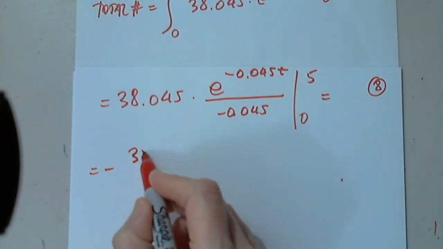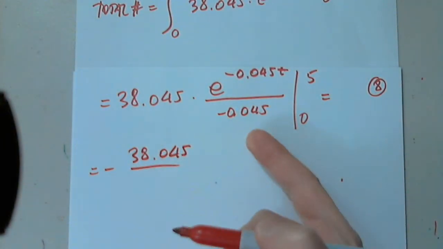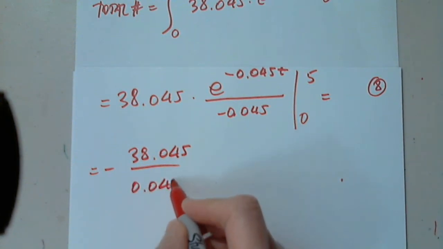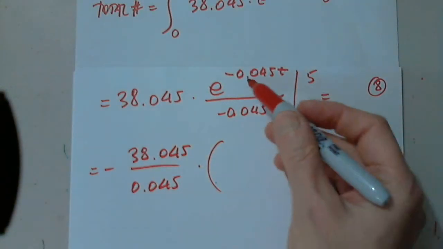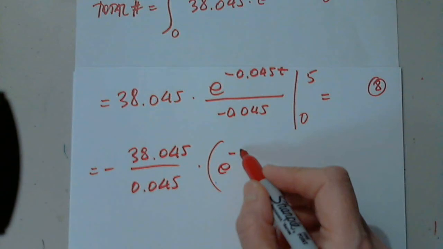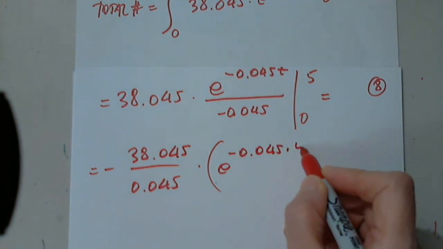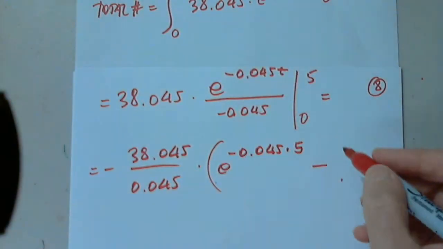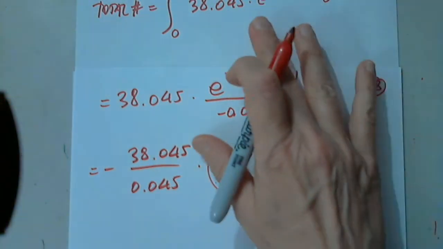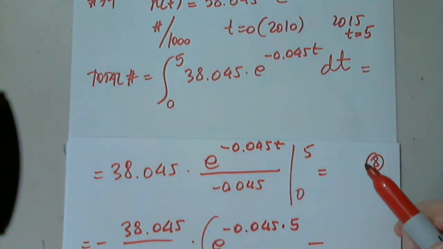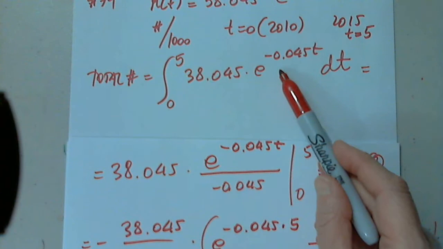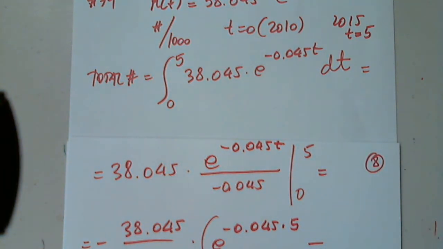So I have -38.045 over this number times e to the -0.045 times 5, minus... Where did you get negative? It was negative. Let me check. You mean this negative? Yeah, this over this.